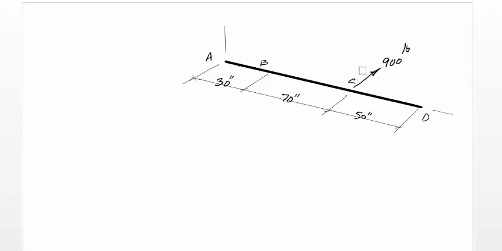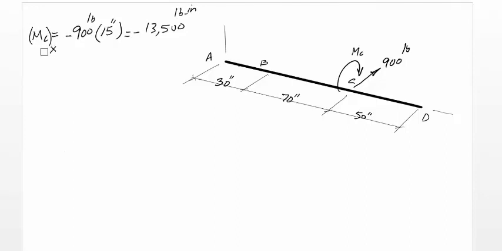At the same time, force F creates a moment about x-axis, MC. The value of MC is equal to the force 900 pounds times the radius of the gear, 15 inches. And since it is clockwise, we should get a negative sign with the magnitude of 13,500 pound-inch about the x-axis.